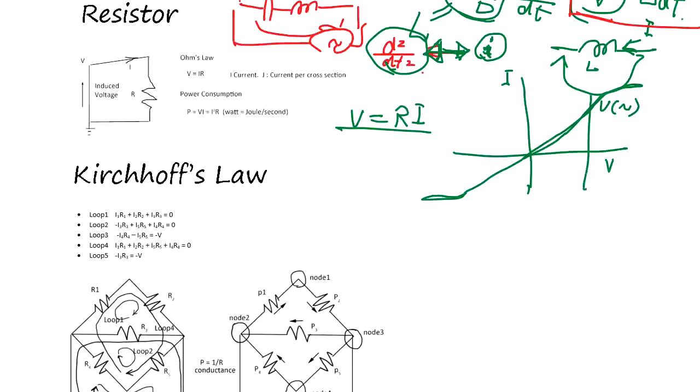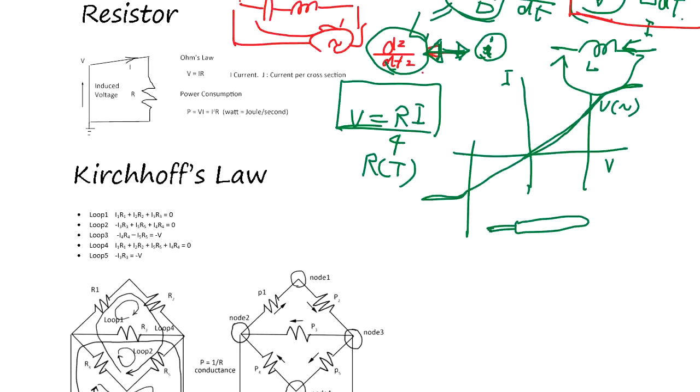So there is a range where you can claim this equation, okay? And also R is typically a function of temperature, and those all specify the resistance component. See, you have a resistor, this is a lead metal, and it has a color code, right?